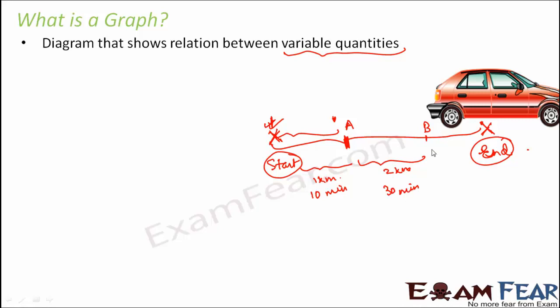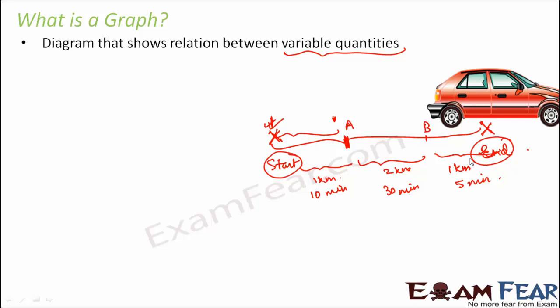And let's say that from B to the last point where it finally went, this distance was another 1 kilometer. How much time did it take to travel this much distance? It was, say, 5 minutes. So this is how it moved. Sometimes it was moving slow, sometimes it was moving fast, and that's how it reached from the start point to the end point.